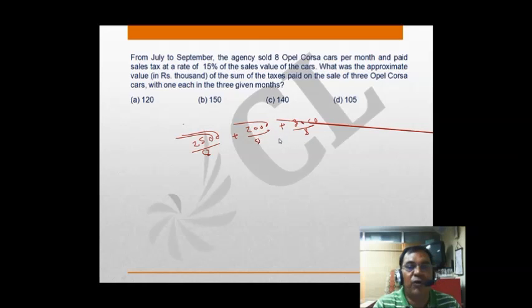This is the value which is coming. So this you can calculate. It will be 250.